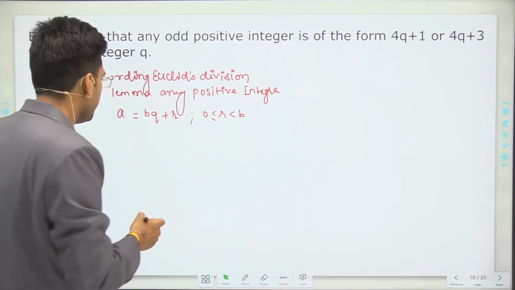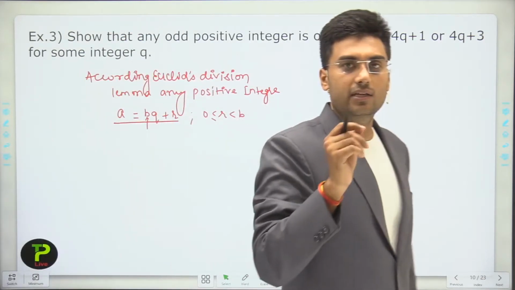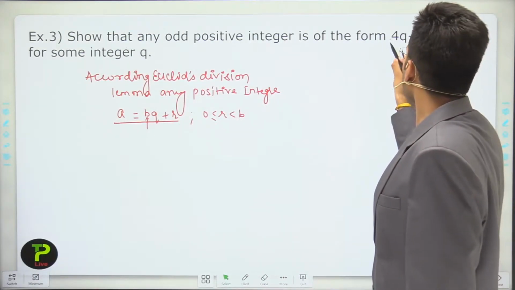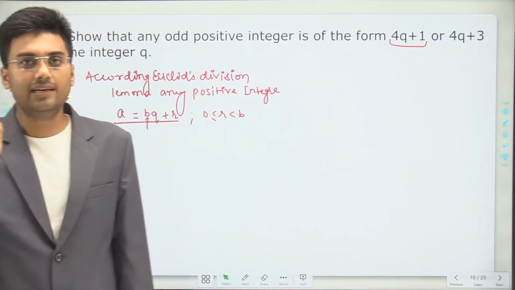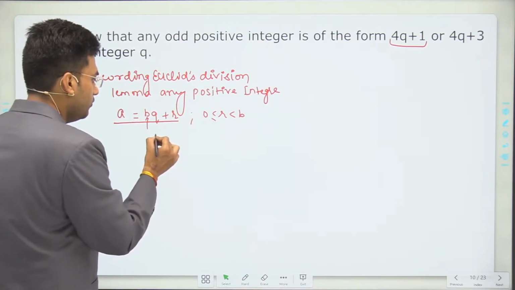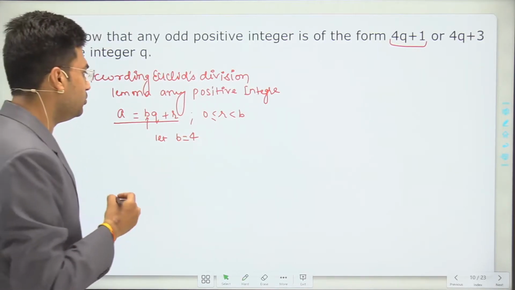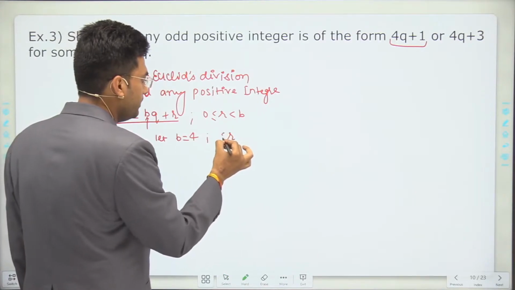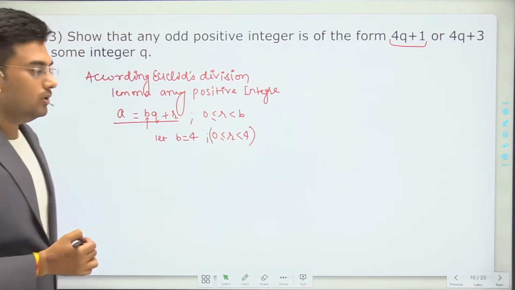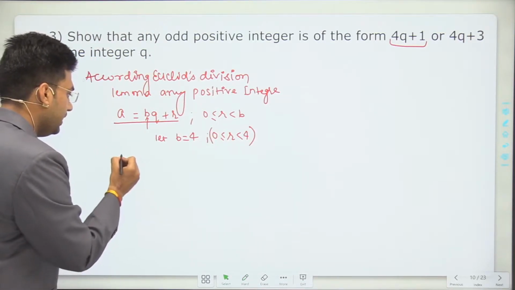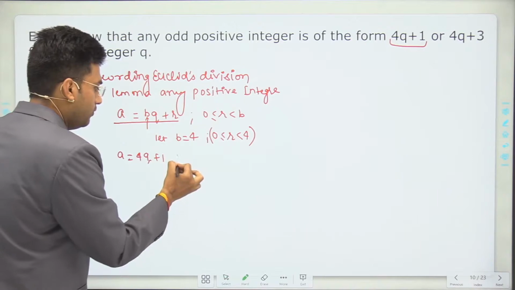Now dear students, we have to choose the value of b. In the question it is given that we have to prove the number in the form of 4q plus 1 and 4q plus 3. So it is clear that we have to choose b is equal to 4. If b is equal to 4, then r should be greater than or equal to 0 but less than 4.